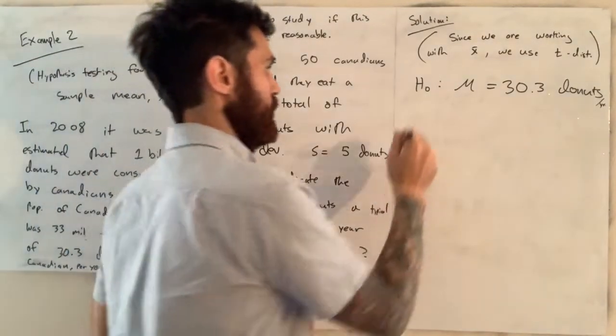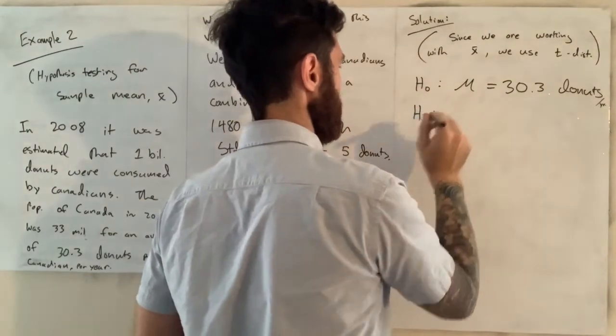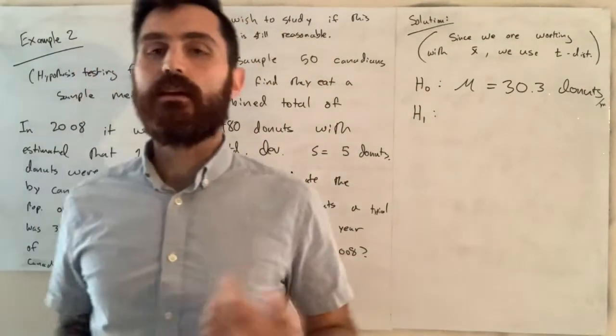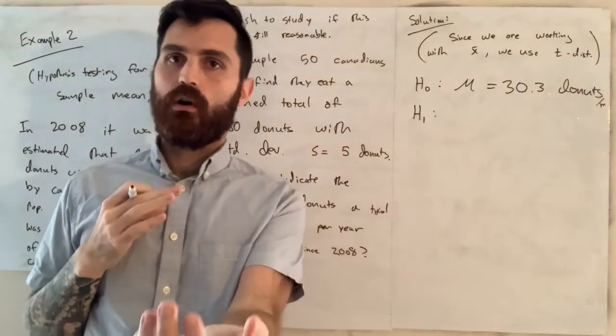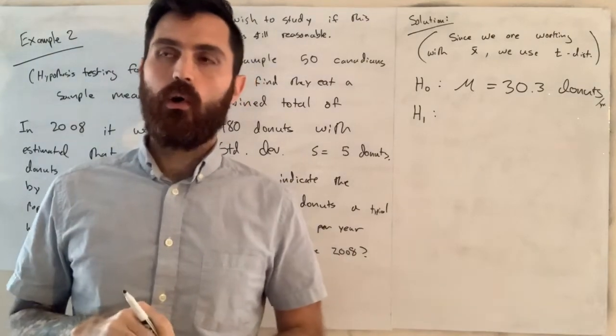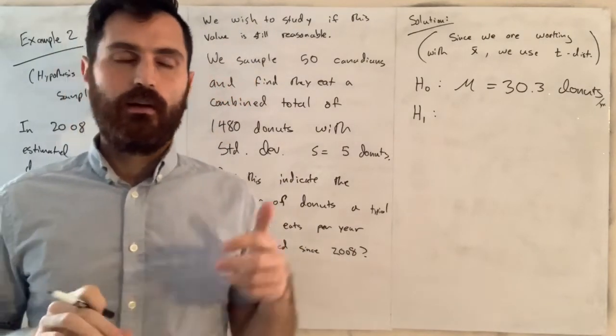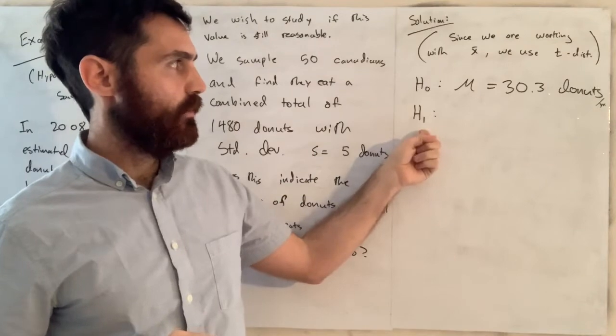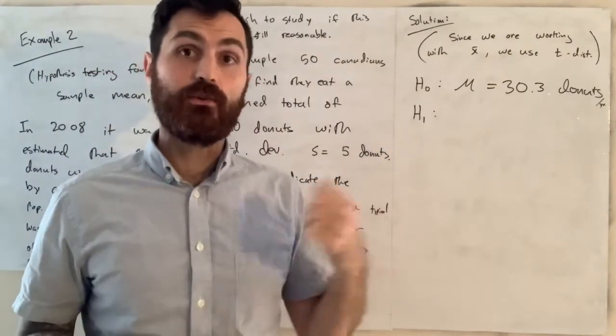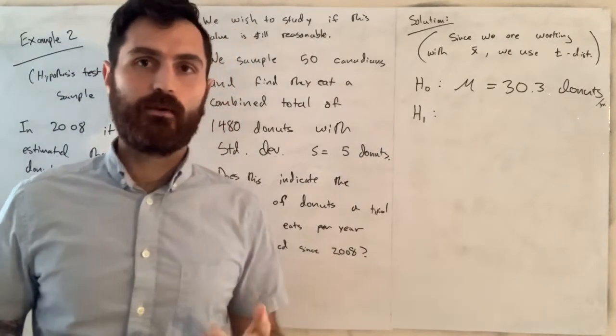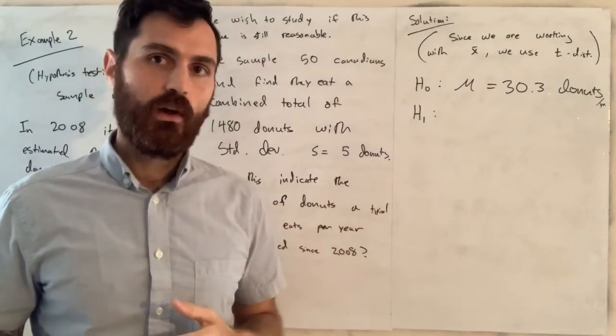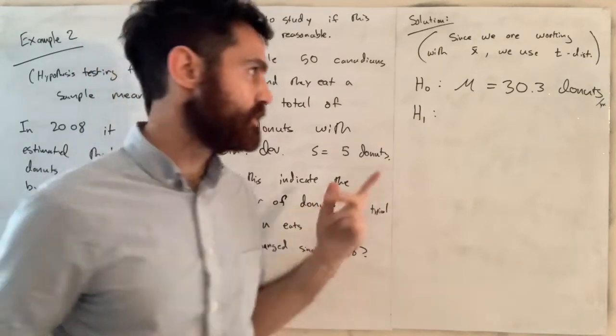And then what is the alternative hypothesis? So now you have to think, is this a two-tailed thing or a one-tailed thing? Well, we're not asking if the number of donuts has increased, and we're not asking if the number of donuts has decreased. We're just asking if it's changed.